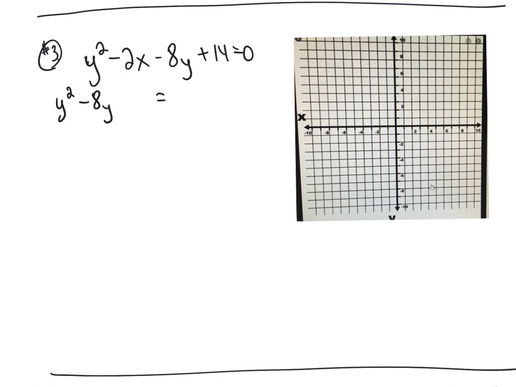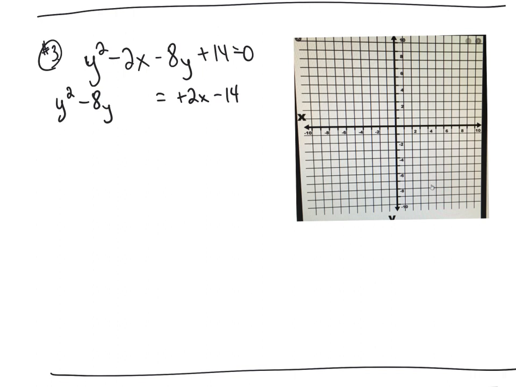And move the non-squared variable, so the negative 2x, to the other side by addition, and any number, the 14, to the other side by subtraction. So whatever variable is squared, put those variables on the left side. Everything else goes to the other side, so the other variable and the number.